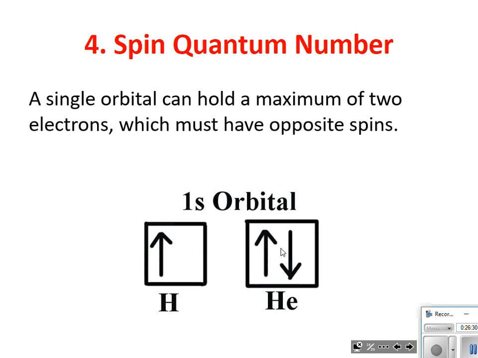How many electrons did we just say was on the F sublevel? 14. Do you think that's a coincidence? I think not.